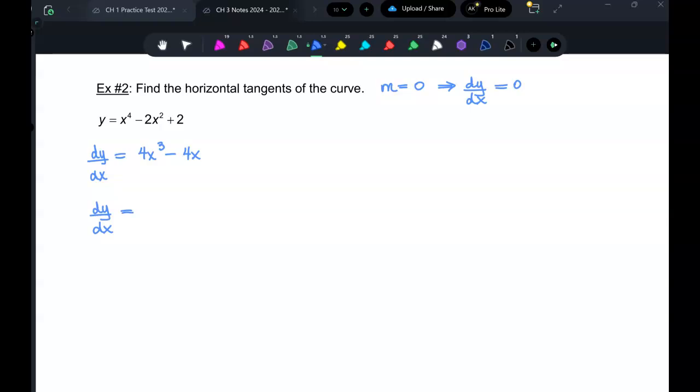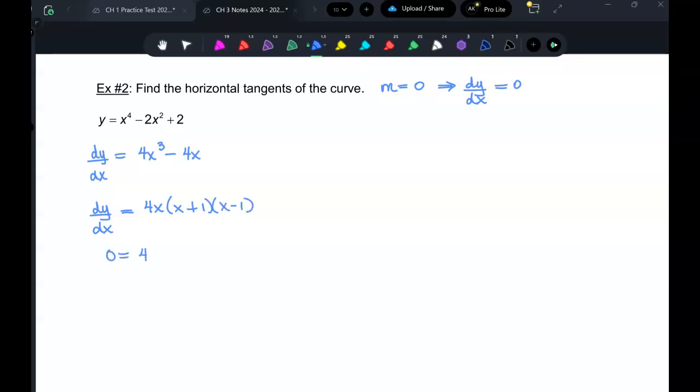Before I set it equal to 0, you'll notice I usually leave the dy dx in there. I'll set it equal to 0 after I factor it, because later on when we have to analyze the graph, it's good to have our factored form for dy dx. So I take out 4x, and I'm left with x squared minus 1.